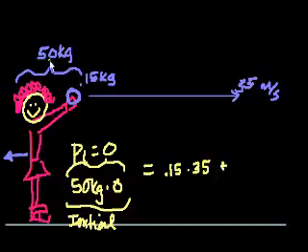What's her mass? Well, her mass is going to be 50 minus this. It actually won't matter a ton, but let's say it's 49.85 kilograms, times her new velocity, the velocity of the skater. Let me get my trusty calculator out.